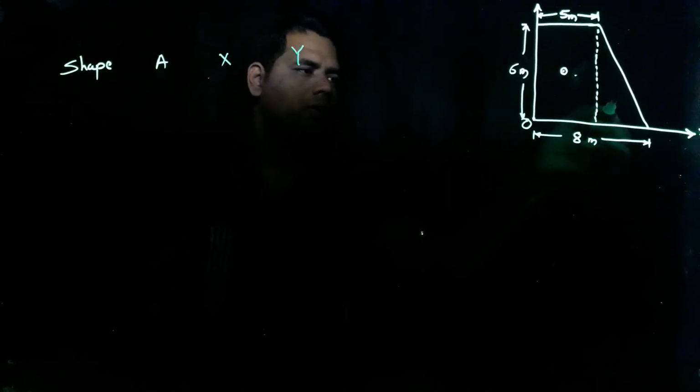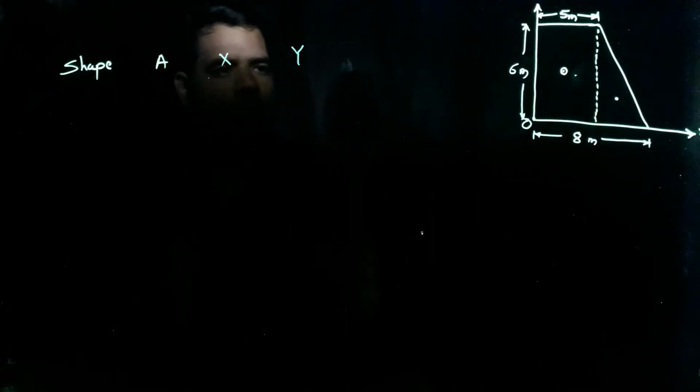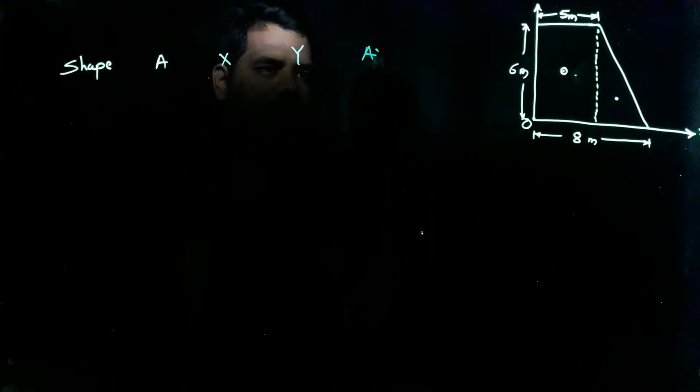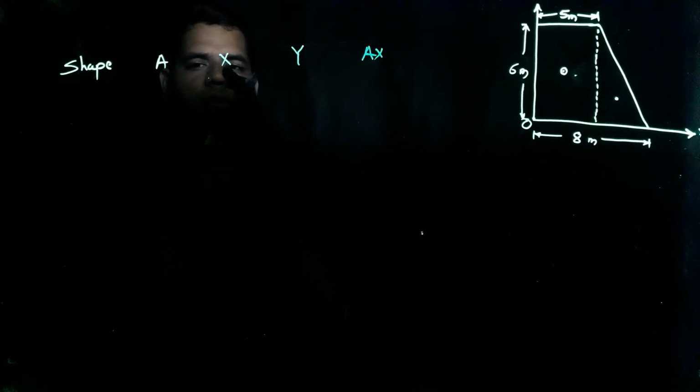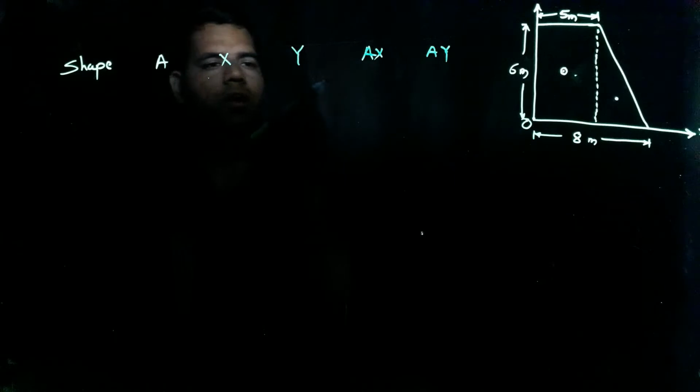Similarly for the triangle, the x coordinate and the y coordinate. Then Ax, that means the multiplication of A into x, and Ay, that means the multiplication of area into y.